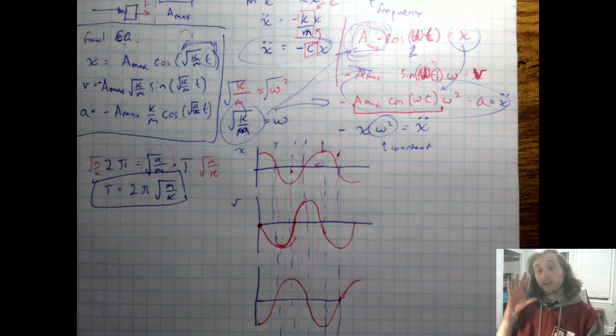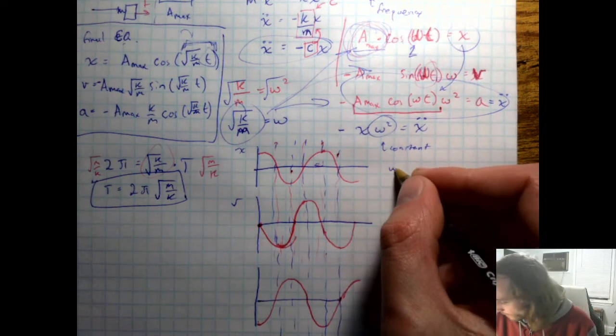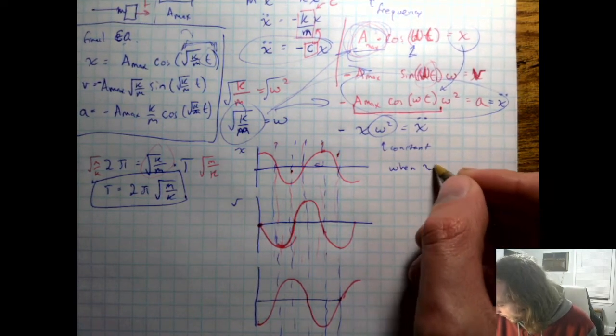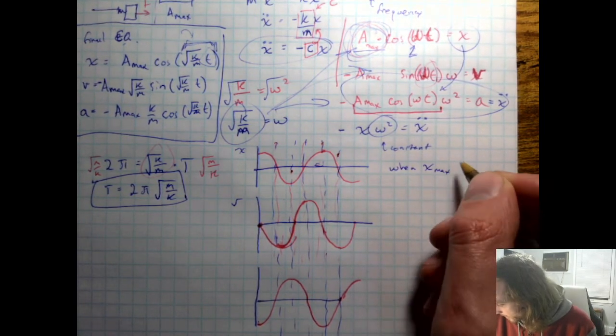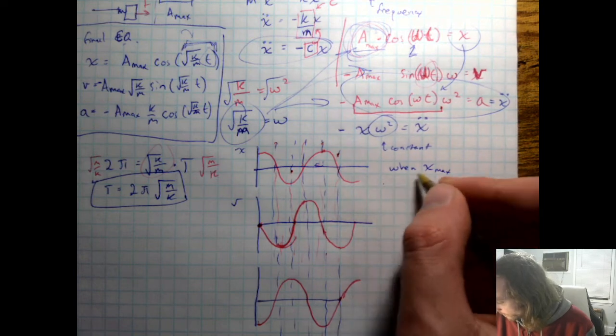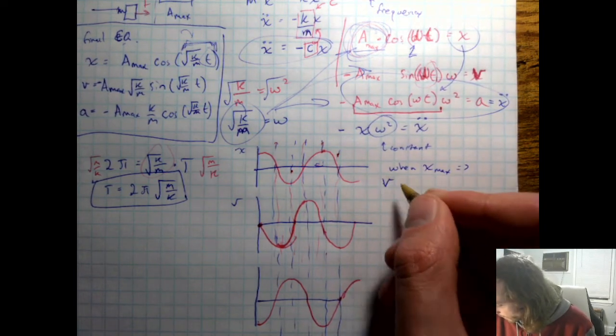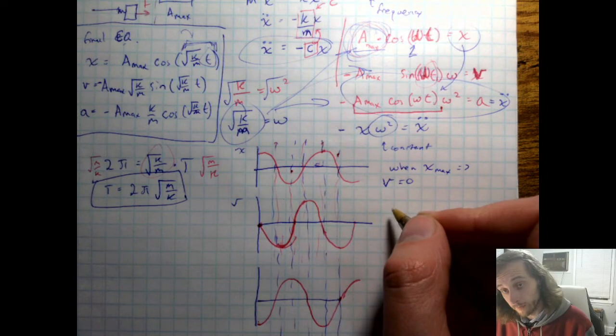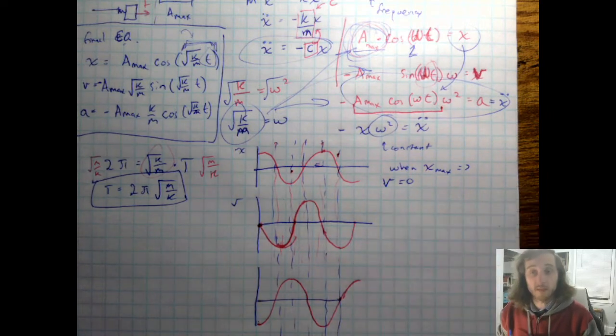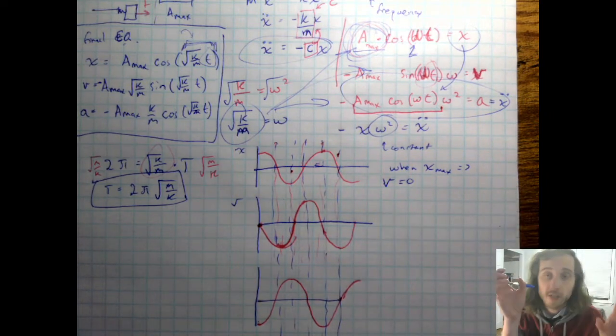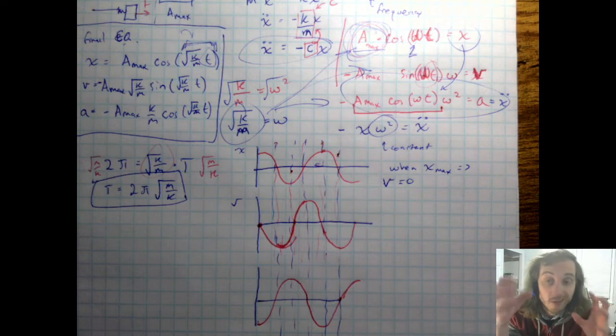So, some takeaways from these graphs and some takeaways from these functions. When x is at its maximum, that tells you that velocity is going to be equal to 0. That should make some level of sense. When the spring is all the way stretched out, you've got all potential, no kinetic.